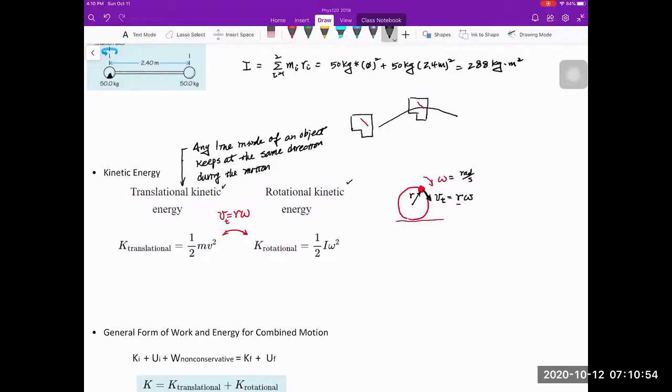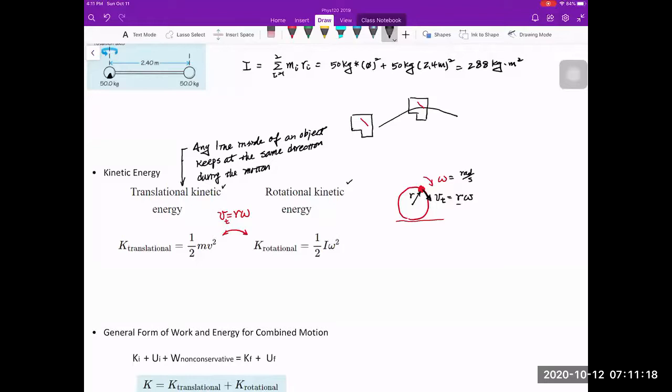Omega is going to be the same if you have the object along the same line on this disk, because they rotate at the same time, otherwise the whole object will be twisted. So if the disk is rotating, any point along the line from the center to the edge is going to rotate at the same speed.